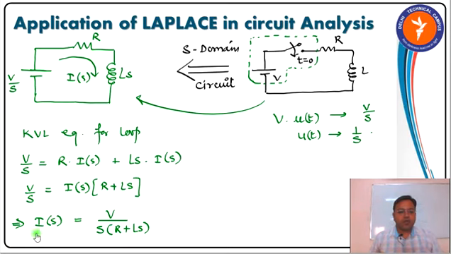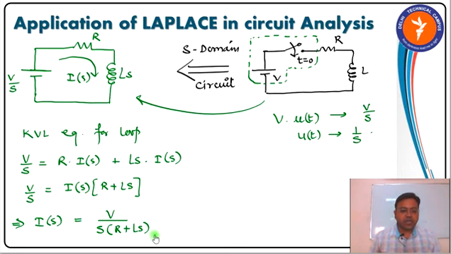Now we have this expression for I of S, but this I of S is in the S domain, and we cannot understand this until we convert it into the time domain.